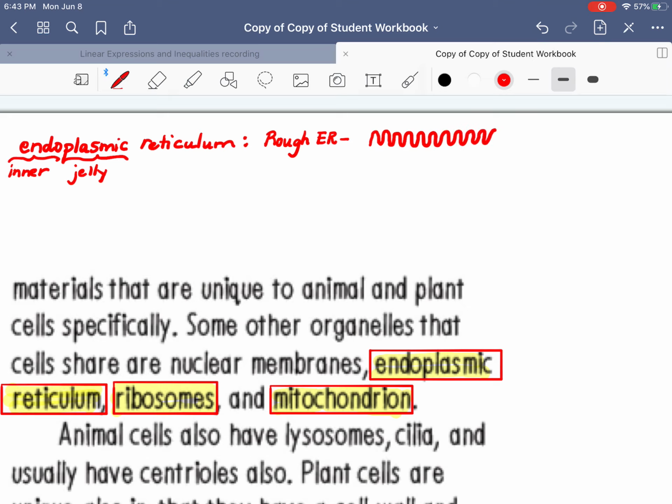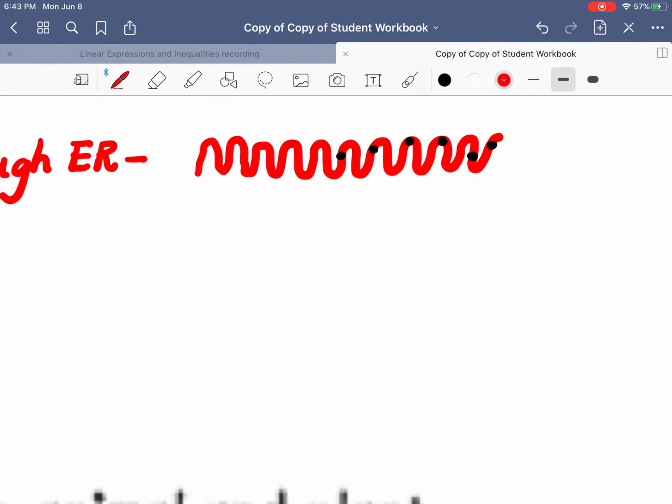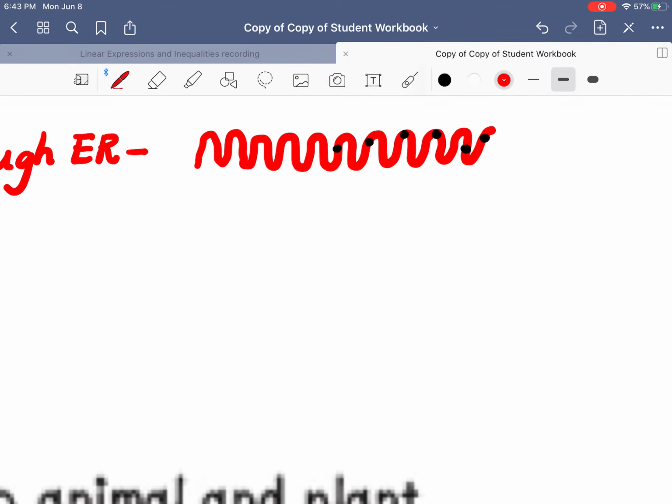That was the endoplasmic reticulum. And on that strand of stuff, there are these dots. Millions of these little dots lying in that cell jelly. And the purpose of the rough ER, it's rough because it has the dots on there. These little dots are the ribosomes that we haven't defined yet.